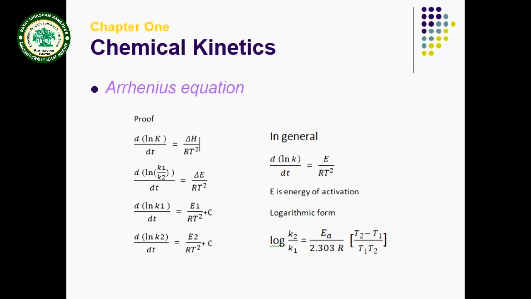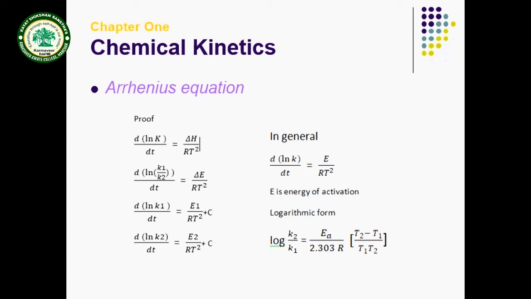Okay, we split this equation into two equations. One for the forward reaction k1 and one for the backward reaction k2. So in these two forms that we obtain, here we consider the equilibrium constant and here we consider the reaction rate constant.